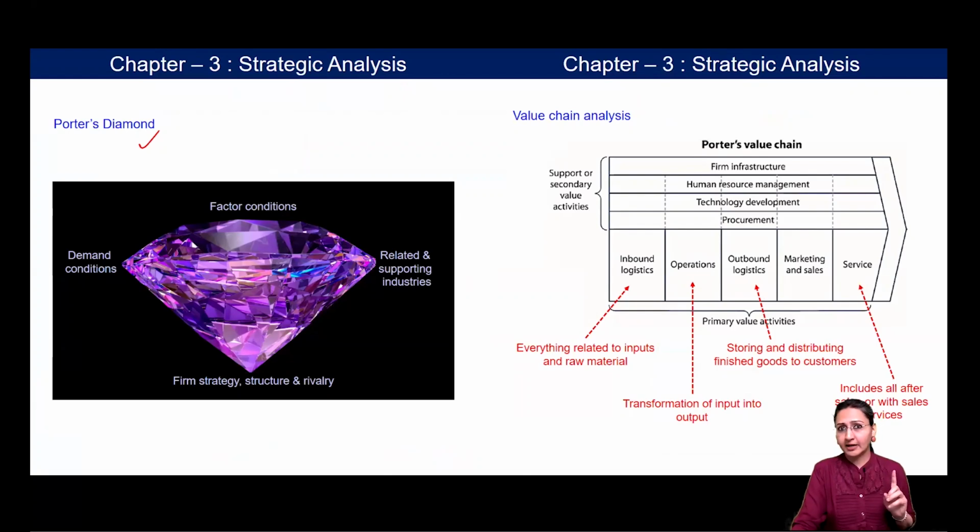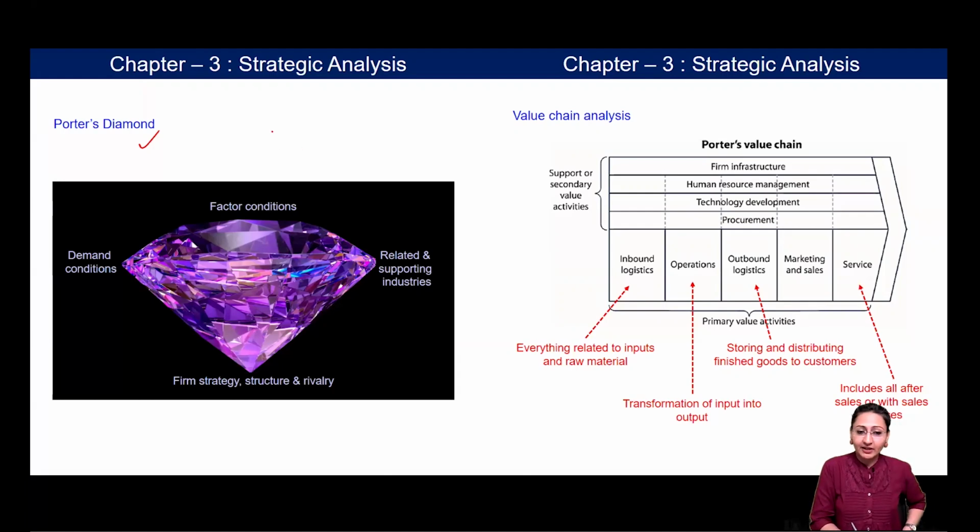There only we use Porter's diamond. We are talking about getting competitive advantage in one country versus the second country. The company is the same, the policies of the company are the same, the product is the same. But what is the difference? Why does a particular nation give more competitive advantage to a company as compared to another?